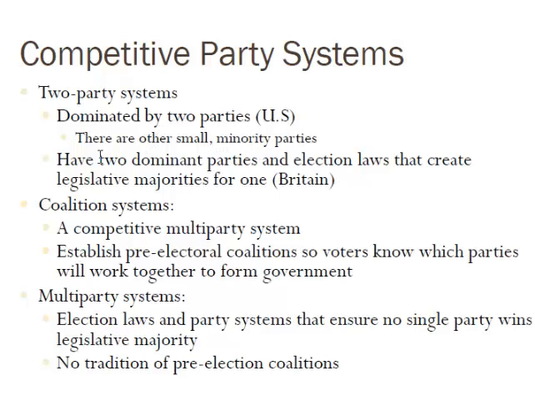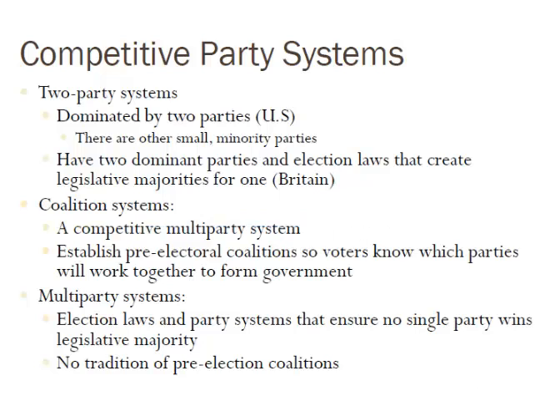You also have some examples where you have two dominant parties, but also minor parties that kind of swing the balance, like in Britain, where you have the Labour Party and the Conservative Party, the Tories. There are also minor parties, but usually one of those two is going to be the one in charge. You also have coalition systems like they have in Israel, where you have a competitive multi-party system.